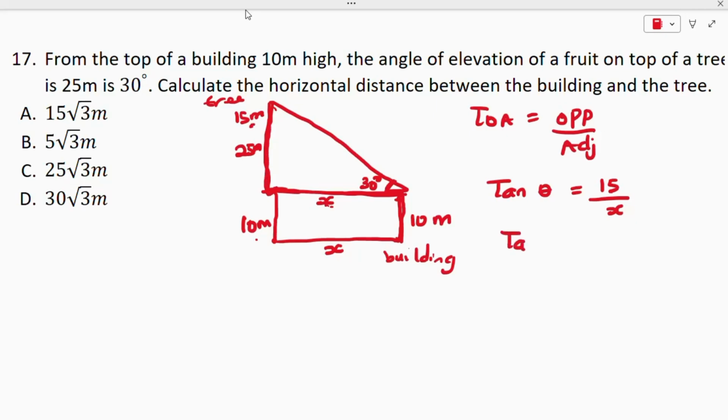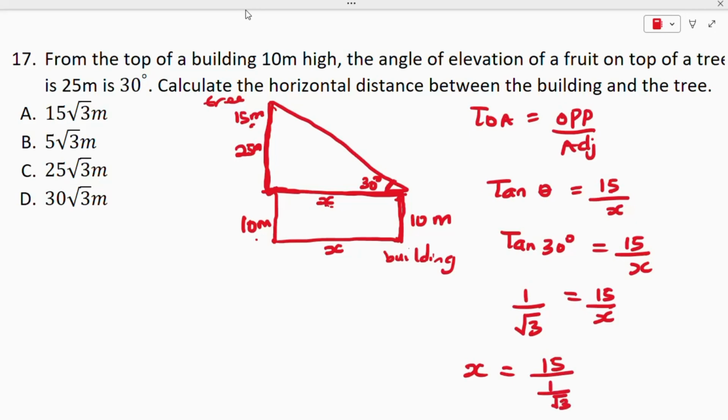So we have that tan theta, with the angle 30 degree, is equal to 15 over x. Now 30 degree is a special angle, so tan 30 is 1 over root 3, which is equal to 15 divided by x. Okay, so making x subject of formula, we have that x is equal to 15 divided by 1 over root 3.